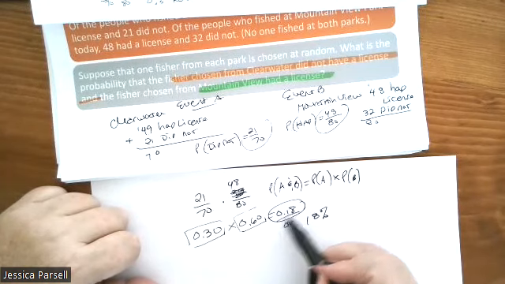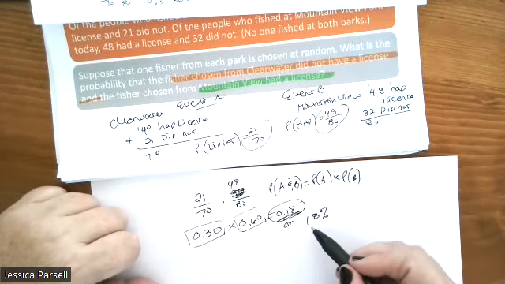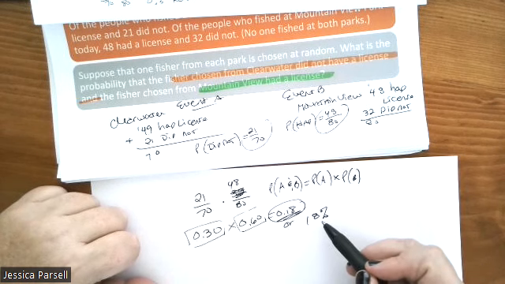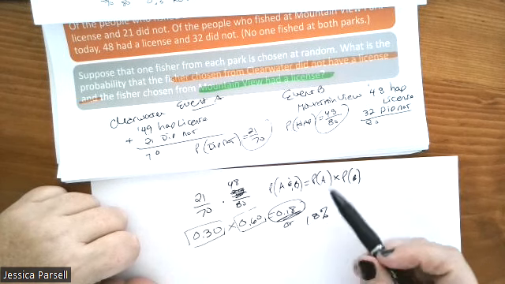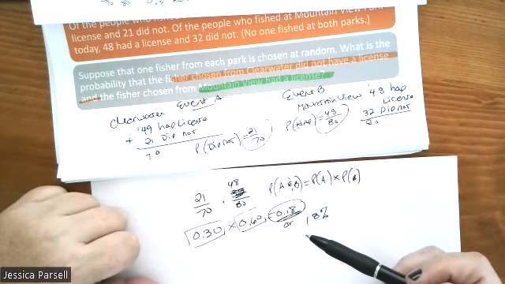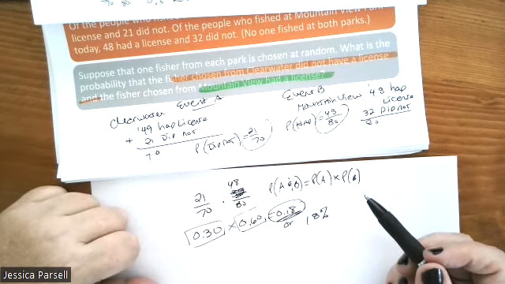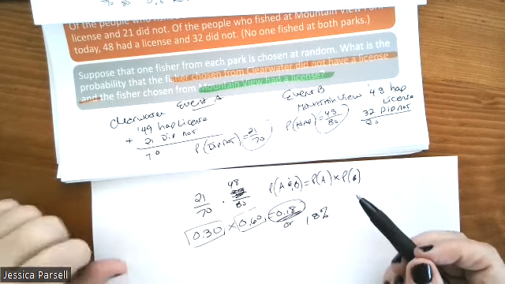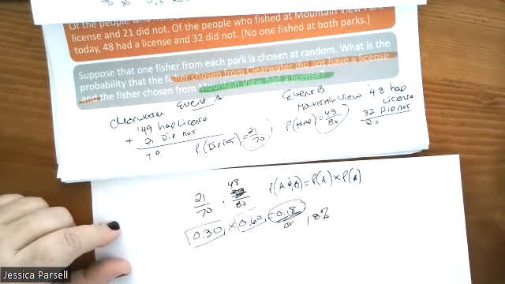So this is what they're looking for, but we could say this to ourselves: there's an 18% chance the fisherman chosen from Clearwater did not have a license, and the fisherman chosen from Mountain View had a license. So hopefully that helps with this type of problem.